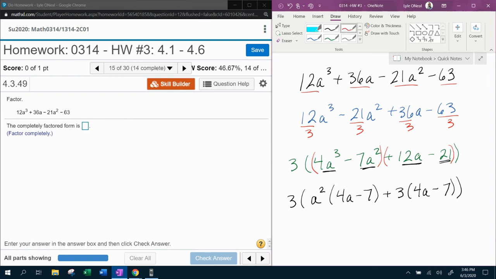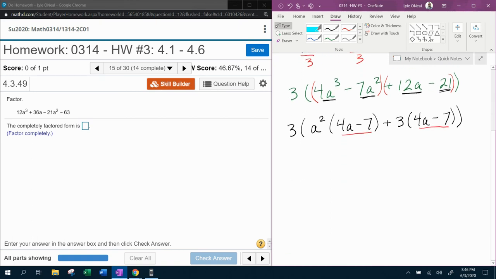And now if you remember from the previous video, I said when you factor by grouping, the stuff in the parentheses has to match. And it does. And so that gives me a good indication that I'm on the right track. All right, next step. Remember the 3 comes down. And now we're going to look at this term and this term. And we're going to say, what do they have in common?